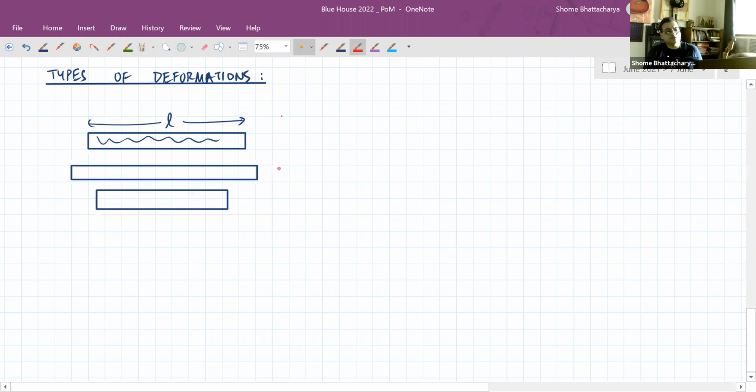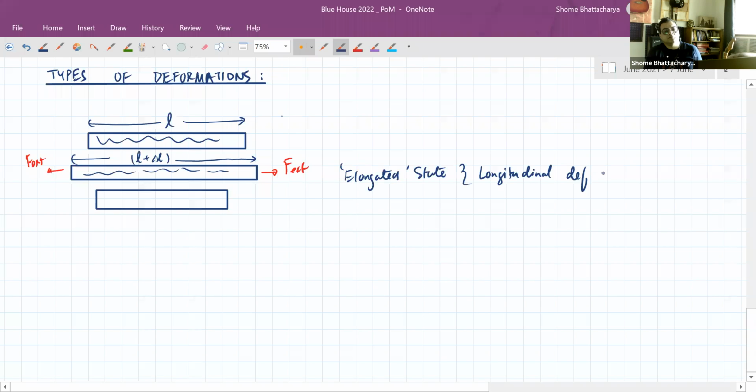So if we apply external force in this way, such that it is now experiencing an elongated state, that is a type of longitudinal deformity.